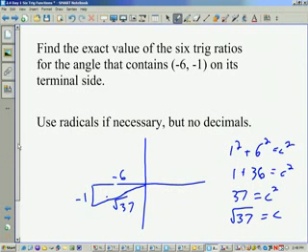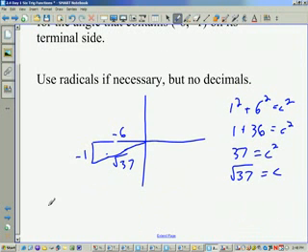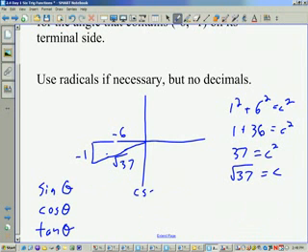Now if it says find the exact value of all 6 trig ratios, we have to do sine, cosine, tangent, cosecant, secant, and cotangent. Now I line them up like this just because it's a little bit easier this way.